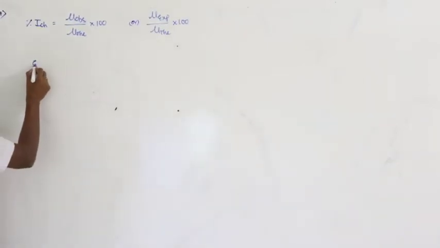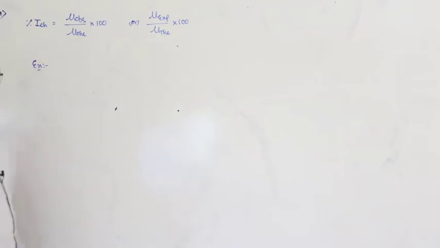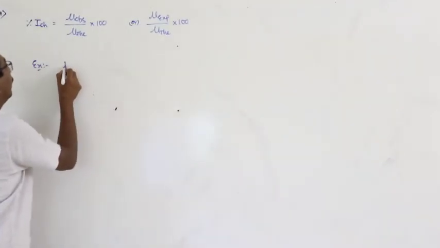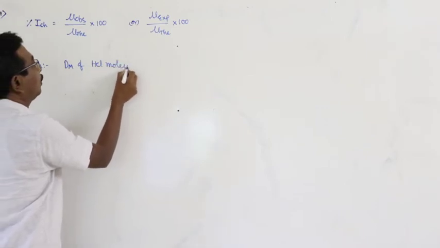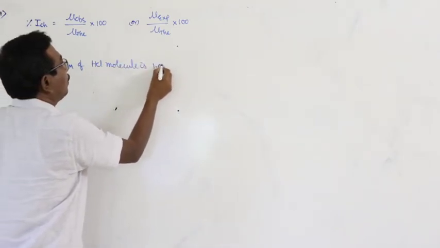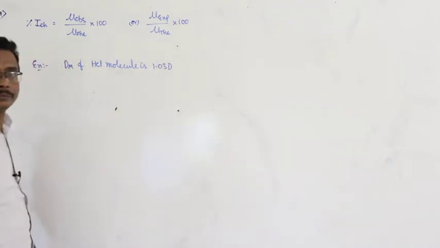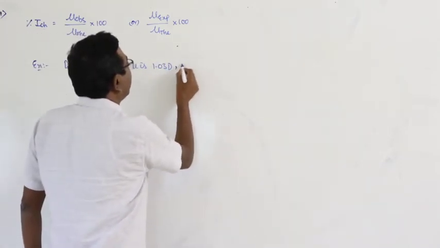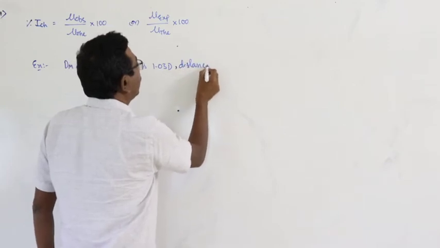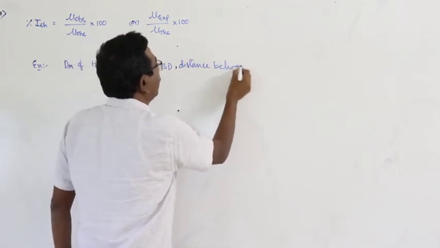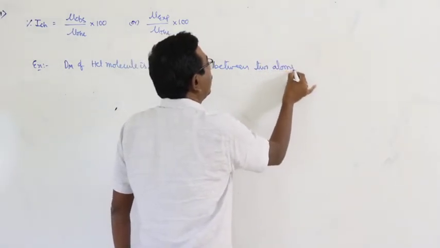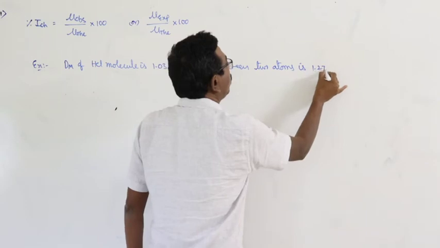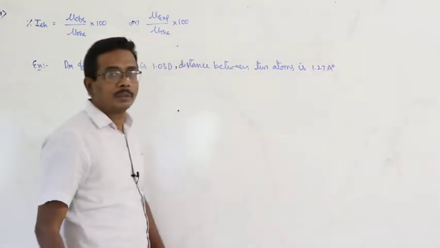Okay, right. Now I will give an example. Dipole moment of HCl molecule is 1.03 debye, and the distance between two atoms is 1.27 angstrom units.